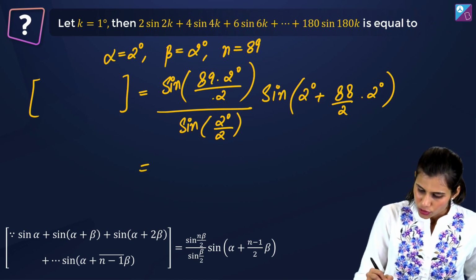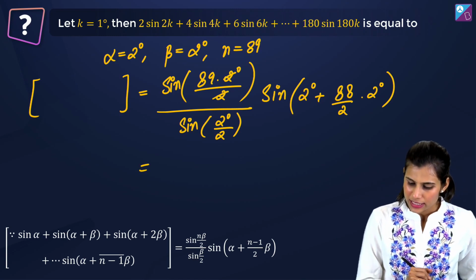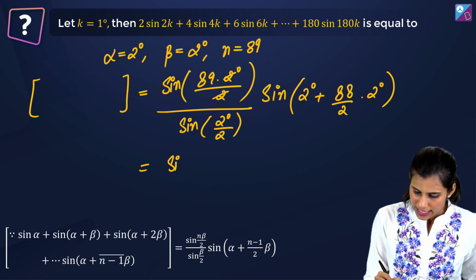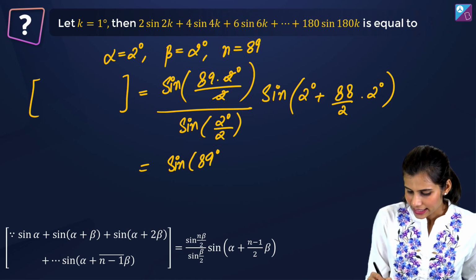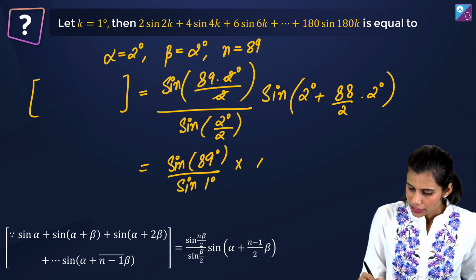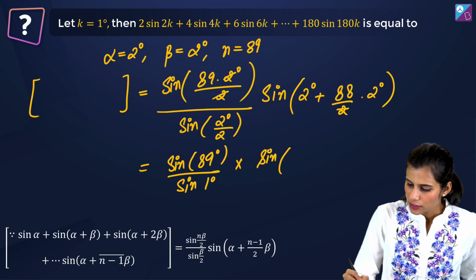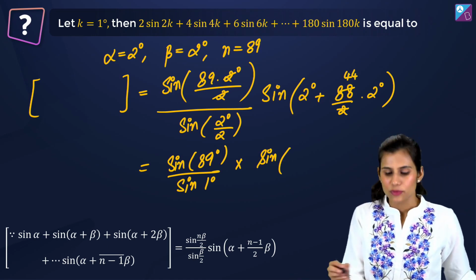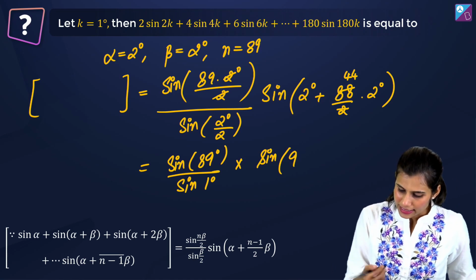Okay, so 2 degrees upon 2 is 1, so you are left with sine of 89 degrees upon sine of 1 degree into sine of, this is 44, 44 into 2 is 88, 88 plus 2 is 90, so sine 90 degrees.